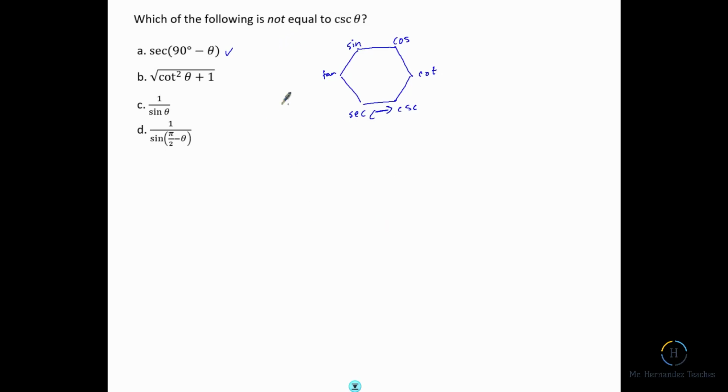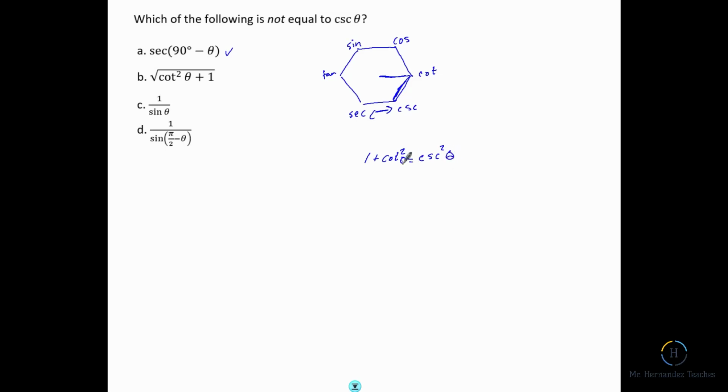Well then, with this one, I see a square root and something squared, so I'm going to want to be thinking of a Pythagorean identity. That's where you had this triangle happening here. That triangle said 1 plus cotangent squared theta is equal to cosecant squared theta.